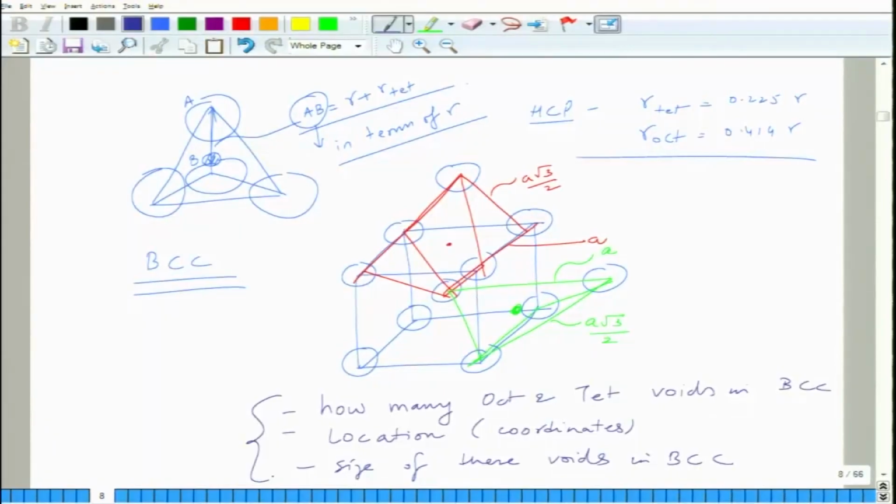It is a fairly straightforward thing to work out because you remember that you have to take the shortest size, you do not have to take the longest size. Depending upon which distance you take, there will be long and short. The smallest that can fit is given by the shortest.